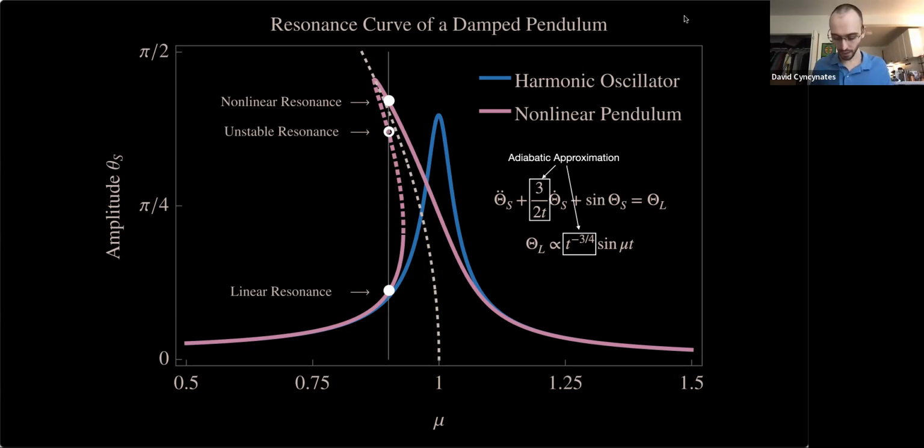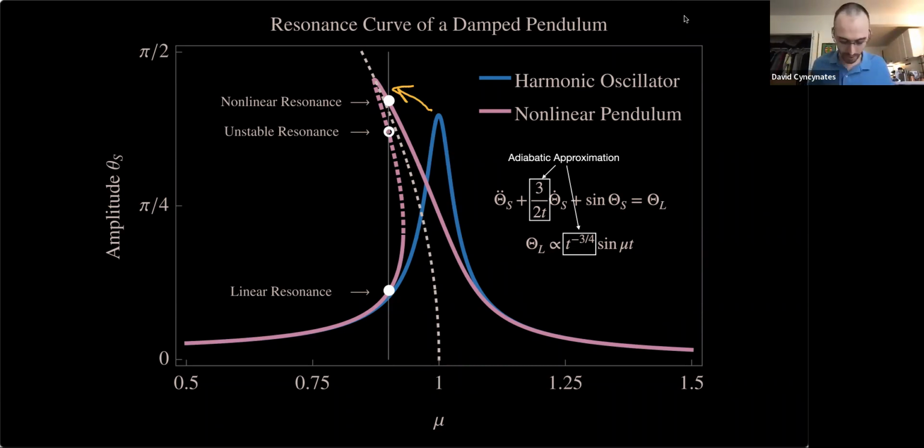On the other hand, if we now include the nonlinearity in the short axion potential, it now lives in a potential that's just like a classical pendulum. And at large amplitudes, the pendulum frequency shifts towards smaller frequencies. This causes the resonance curve to bend to the left.